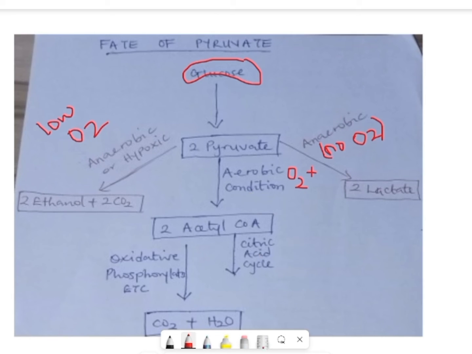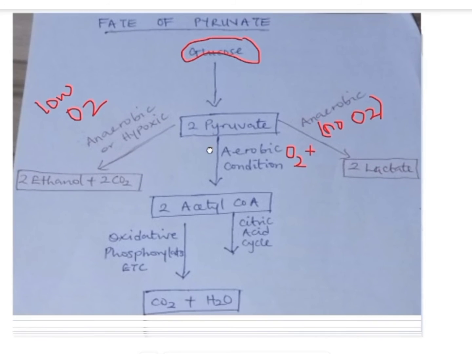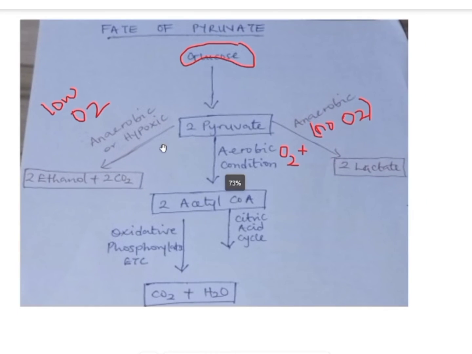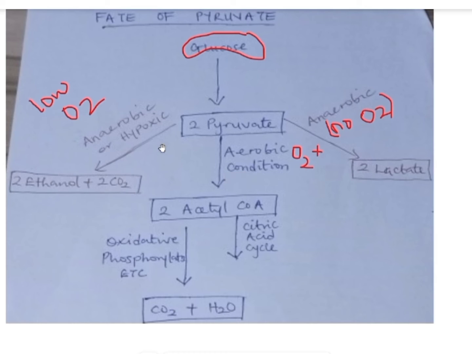Alright, so basically that is the fate of pyruvate. Those are the different pathways that pyruvate can possibly go through. We start from glucose in the glycolytic process, which produces two molecules of pyruvate through the glycolytic pathway.